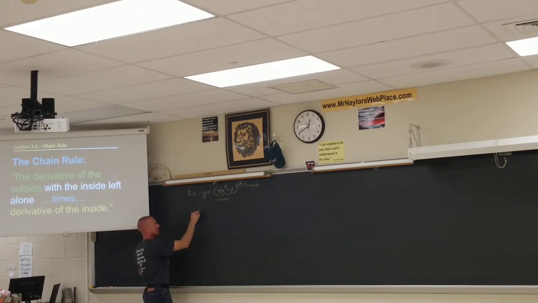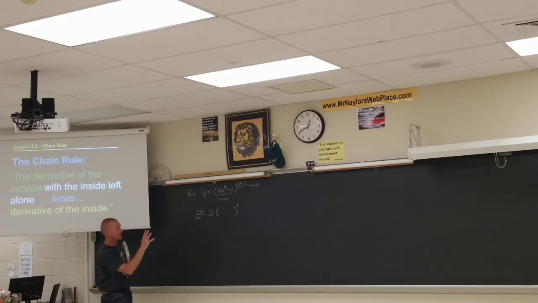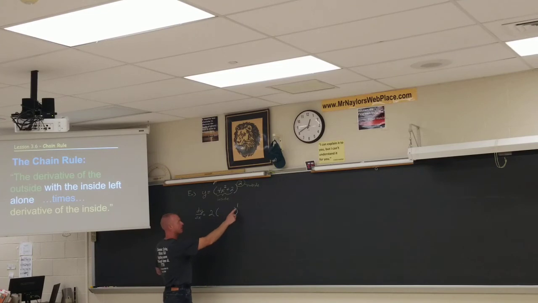All right, so time for the chain rule. Derivative of the outside. Now when I do the derivative of the outside, I'm going to be using the power rule. So I get 2, the quantity, to the first power. I just want you to see that that's the derivative of the outside. I bring down the 2. I have this quantity, but it's now to the first power.